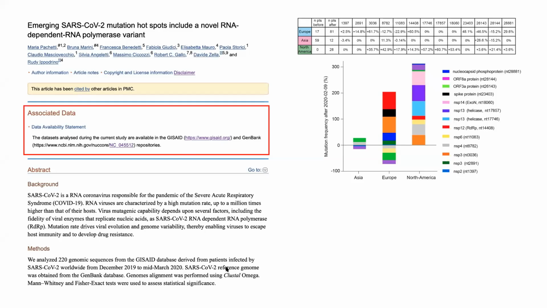And they used the SARS-CoV-2 reference genome that they obtained from the GenBank database, right? So as you can see here, as opposed to the previous, when they dealt with the patients and they collected samples from the patients, here they took data that was already deposited on GISAID, which is a database, and they used a reference genome, again, from a different database. So here you can see their conclusions.